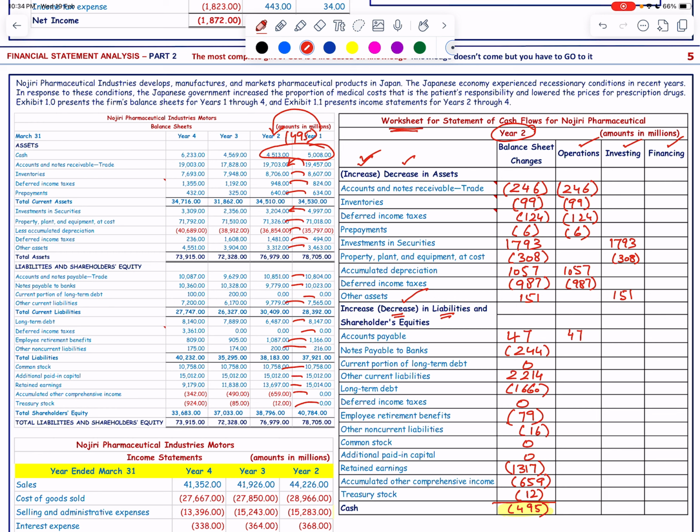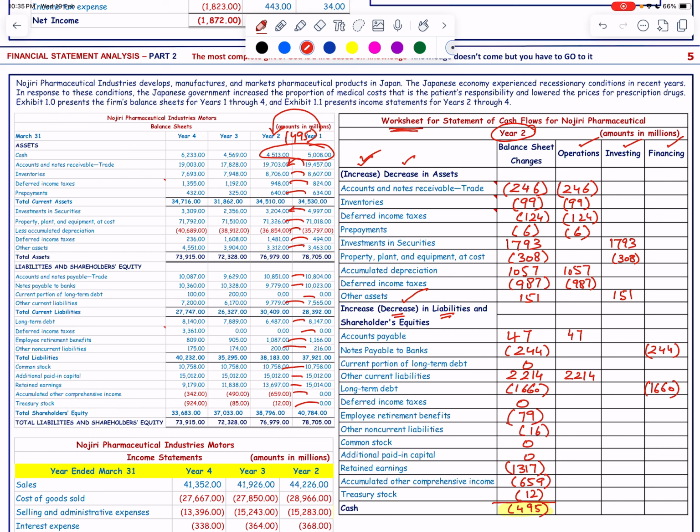Notes payable is a financing activity. Current portion is 0, so we don't talk about that right now. Then we have other current liabilities, that is for operations, 2214. And then we have the long-term debts, and the long-term debt is a financing activity, 1660.